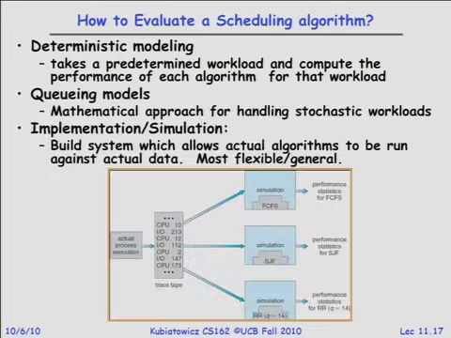Simulation is the most general: you build a system that lets you run the real applications in simulation, you try the different schedulers, you get performance statistics out, and you pick the one you like. You could even run a simulation with a bunch of different knobs, and then pick the knobs you like best.